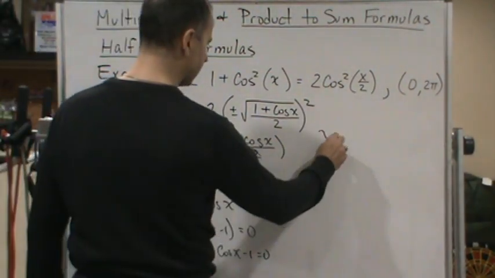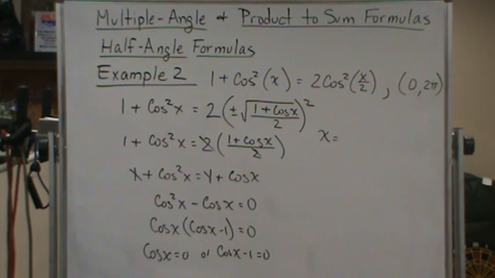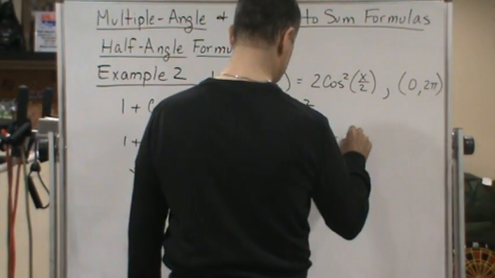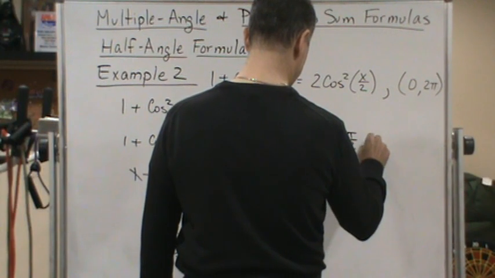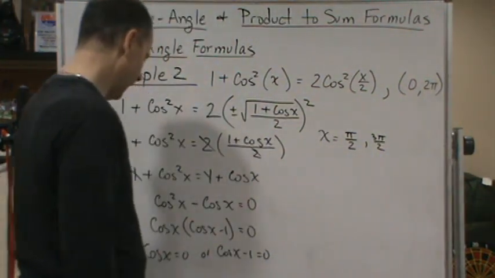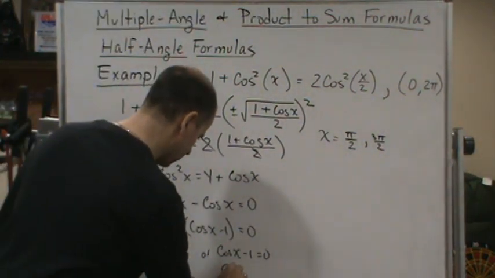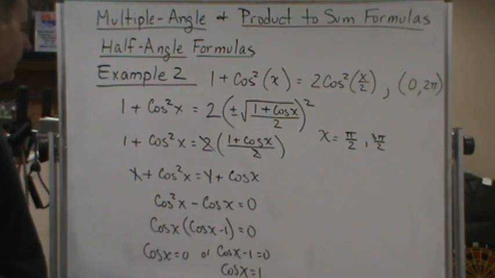And so what do we get? We get x. When is cosine equal to 0? At pi over 2 and at 3 pi over 2. And then of course this says cosine x is equal to 1. So when is cosine equal to 1?